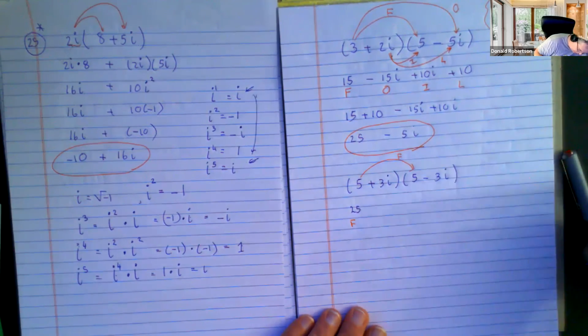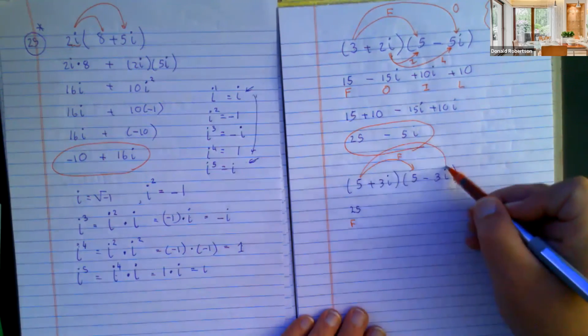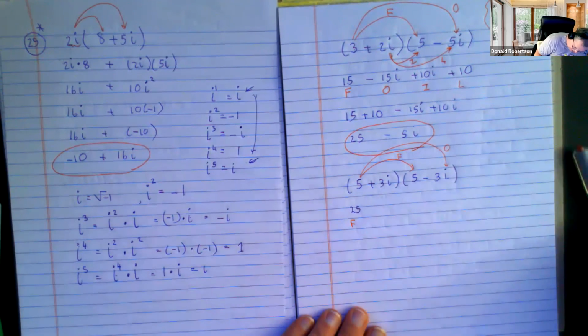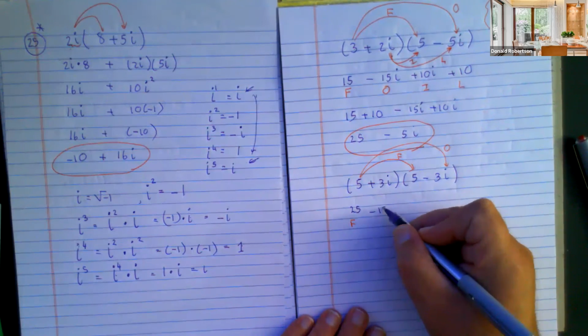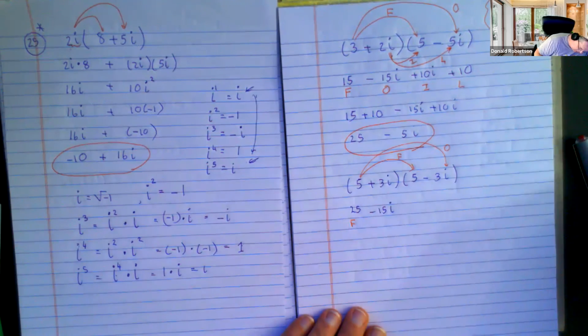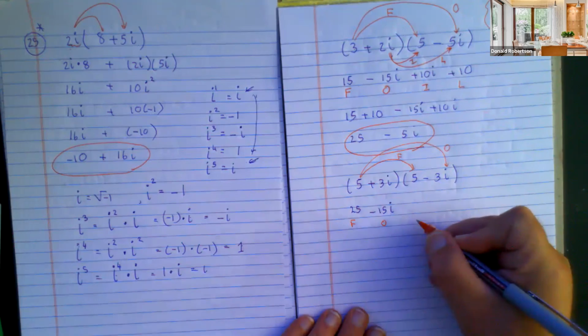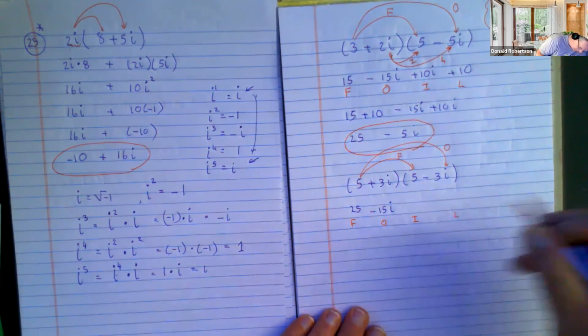If we do the outside, you get 5 times -3i, right? 5 multiplied by that gets you -15i. And that's the O part. Do the I and then the L.